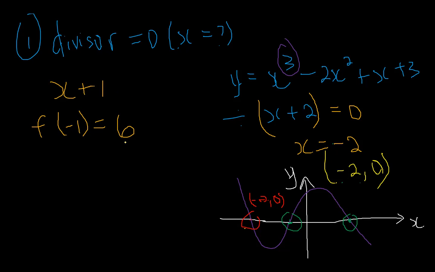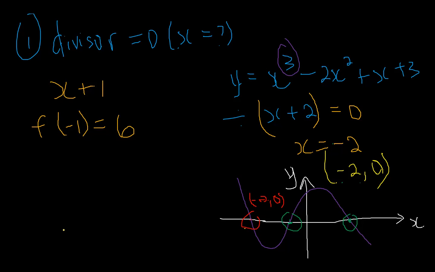Why? Because the remainder is not equal to 0. The remainder is 6. Me knowing that the remainder, when this is divided by x plus 1, is 6, I would say this is not a factor.